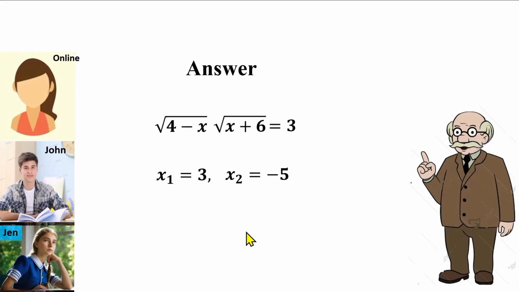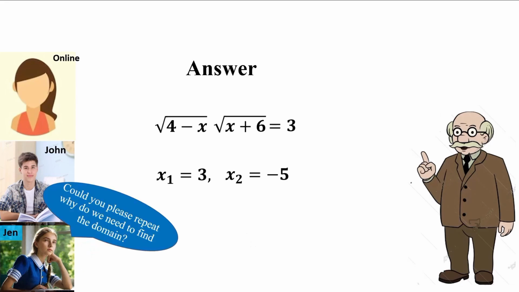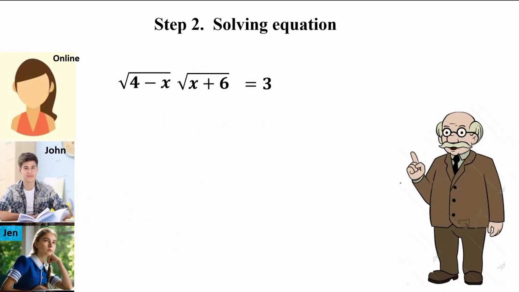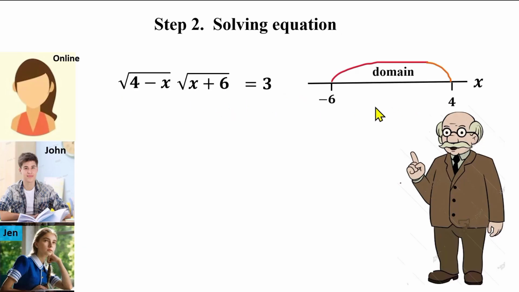Do you have any questions? Could you please repeat why do we need to find the domain? To answer your question, we need to return several steps back and consider our original equation, which has a domain from -6 to 4, and the equation which we obtained after transformations.